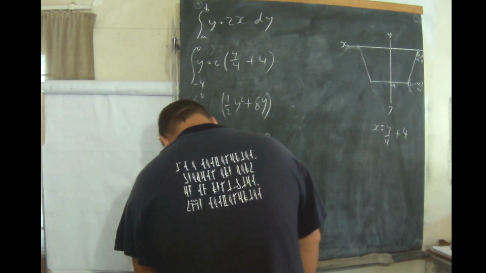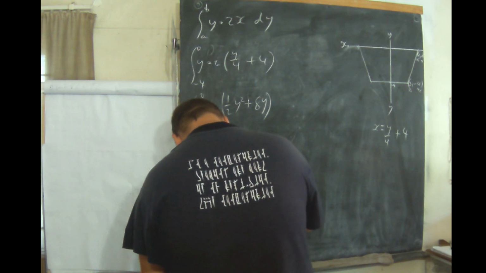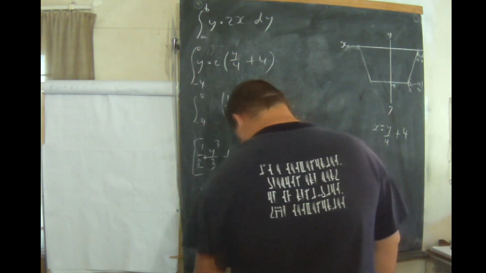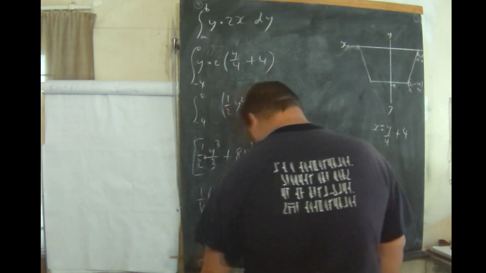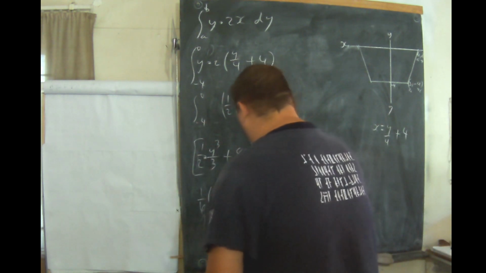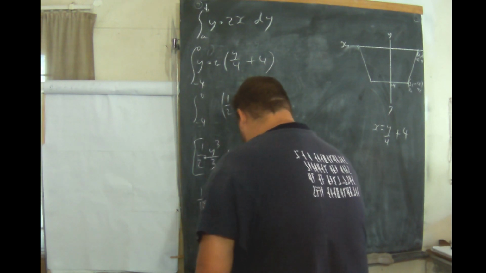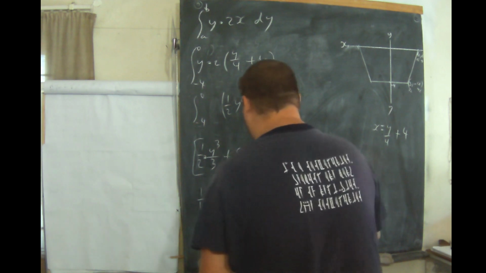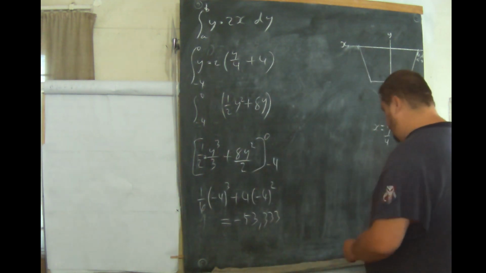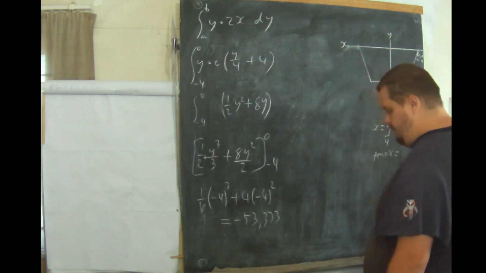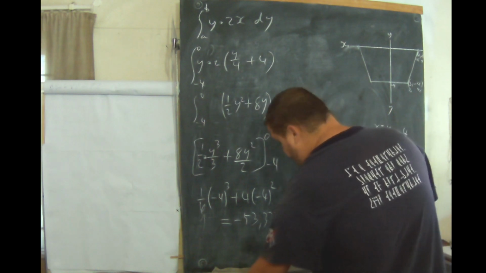And that equals minus 53.333. This is Amox, because we only need Amox.